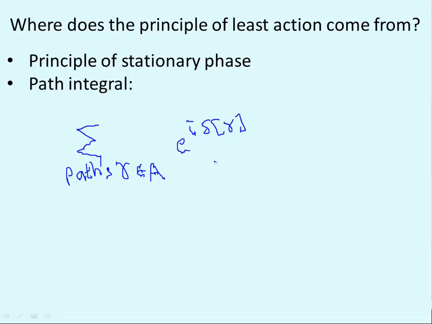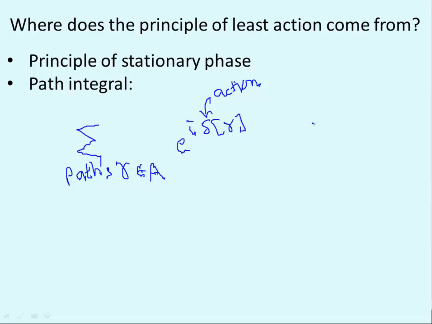This S looks like a delta, but this S is the action. So every path gamma has an action associated with it, and we're summing over all paths that are associated with a particular configuration.